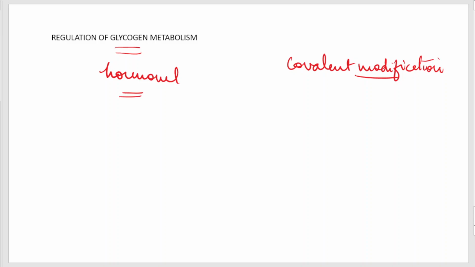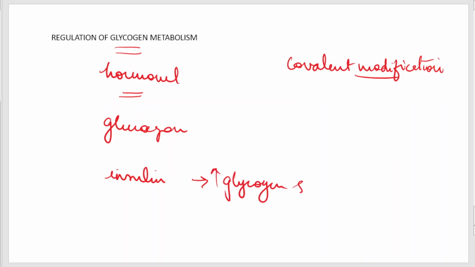Now let's see hormonal regulation. You have to remember about glucagon and insulin. Insulin is an anabolic hormone, so insulin favors glycogen synthesis. How does insulin act?